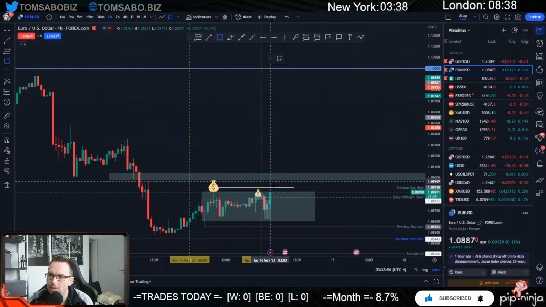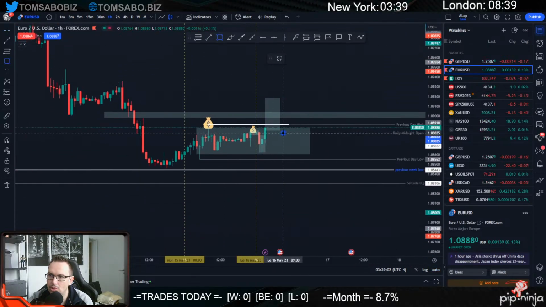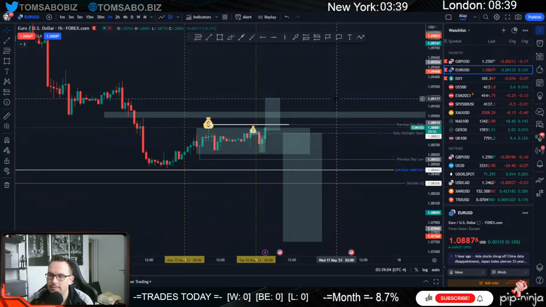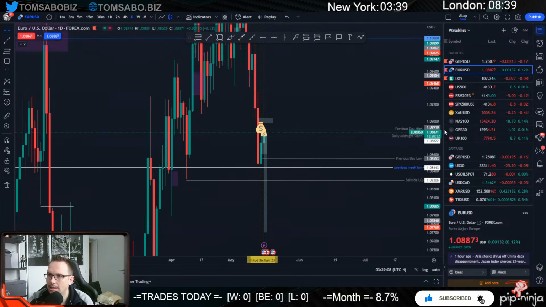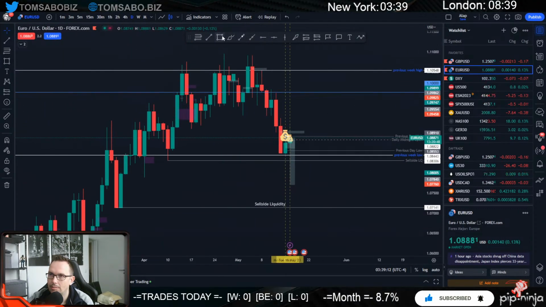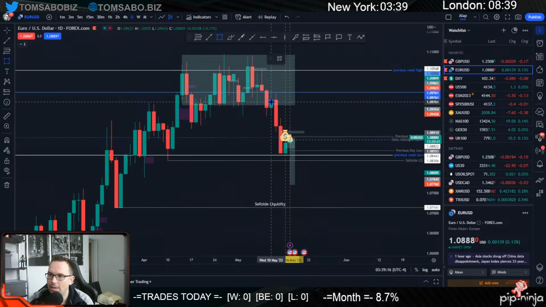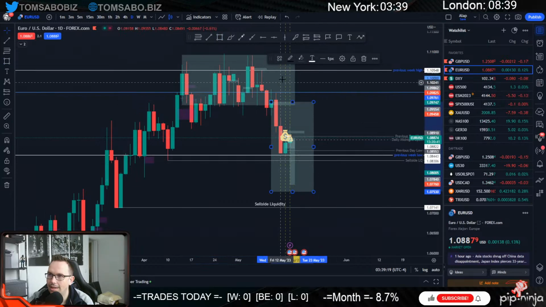So which way would it be? Now maybe the manipulation would be here, if I look at the 1 hour, and the distribution would go here. And if we go out to the daily, who knows what's happening? Maybe this was the accumulation, we are in a manipulation, and now we're going for a distribution.